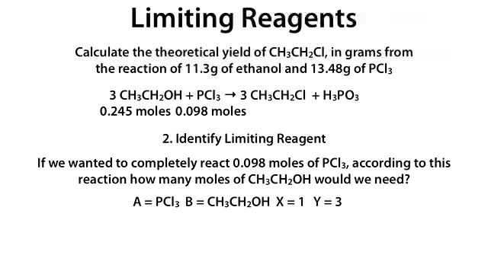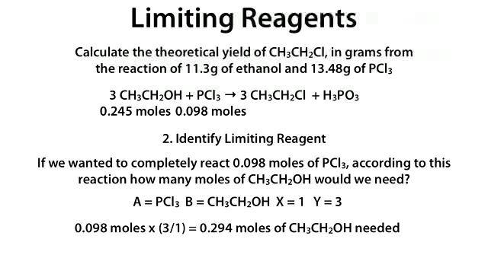From this, we're going to multiply 0.098 moles by Y over X, or 3 over 1, to get our moles of ethanol needed. And here we would need 0.294 moles of ethanol. Next we ask, do we have it?